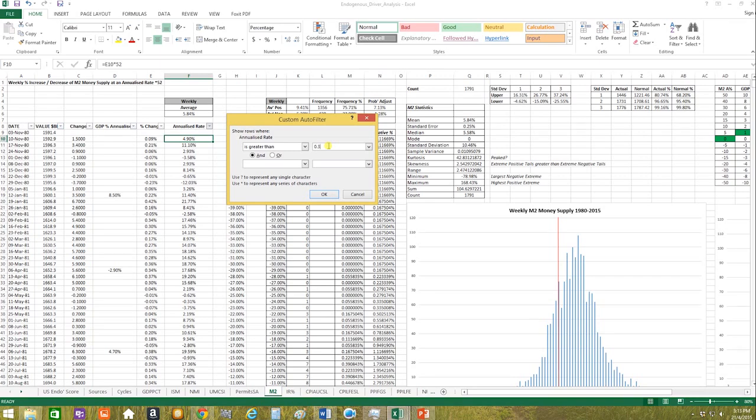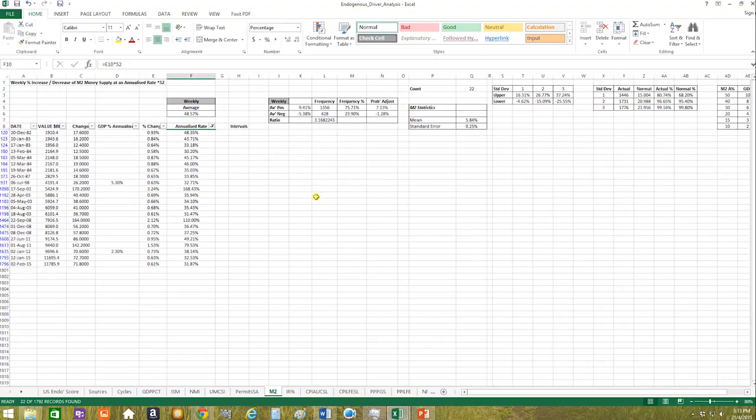So we put in 0.30, and that brings up a table of times in the past when there's been a weekly annualized percentage increase greater than 30%. And we see that there's not much data. There aren't that many occurrences. We can see as well that our weekly average has changed: whenever this has happened, the actual average weekly increase has been 48% on an annualized basis.